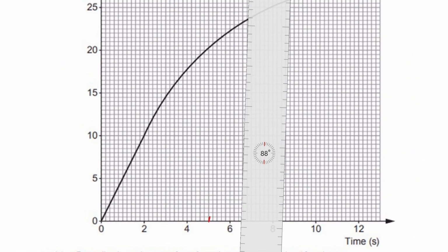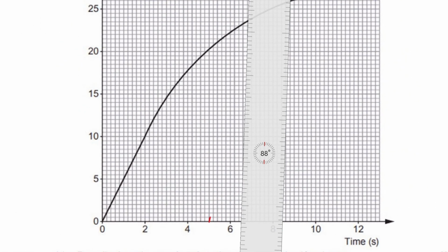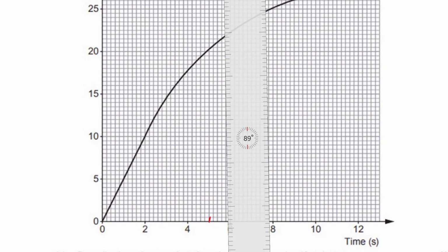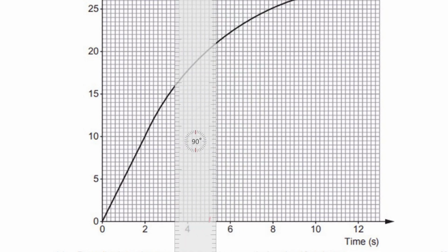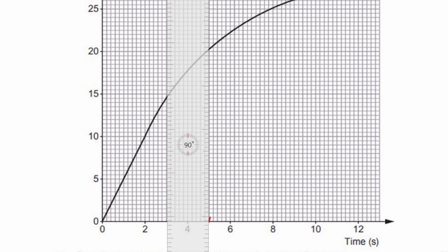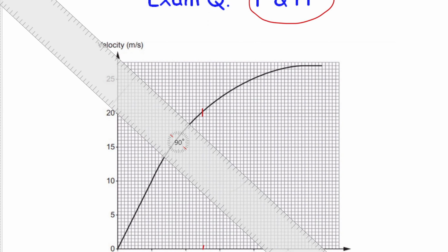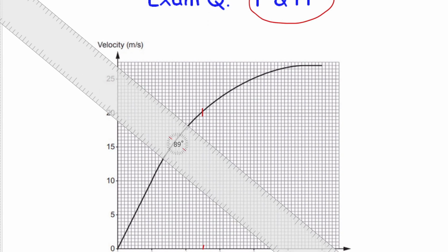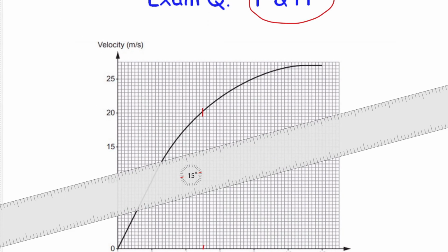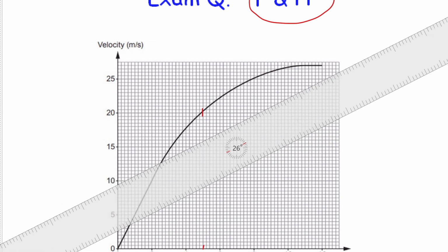And in terms of where that is on the graph, let's get our ruler perfectly vertical. Move that over. Okay, now that red mark I've just put on the curve of the graph itself is at 5 seconds. 5 seconds along the velocity time graph.